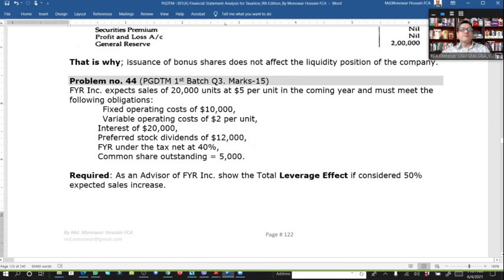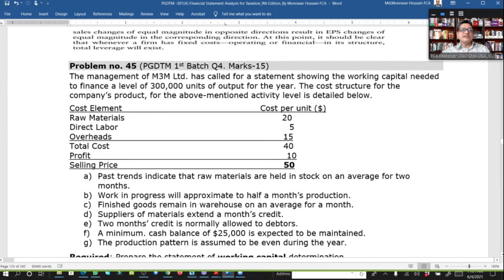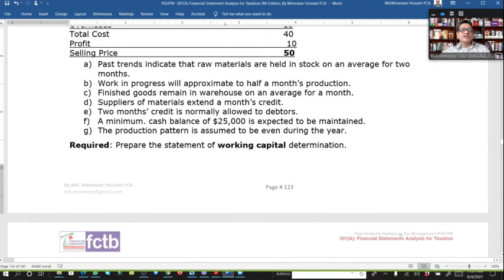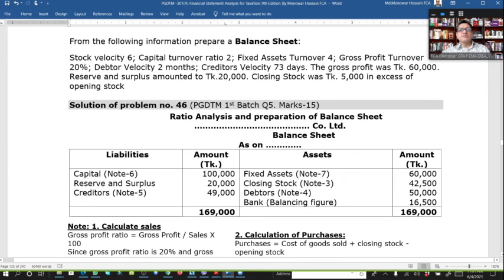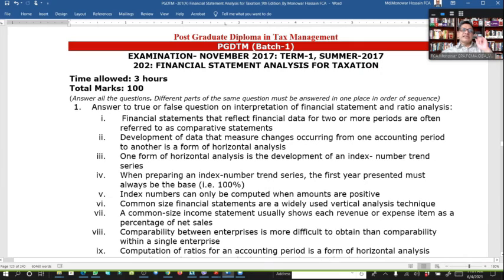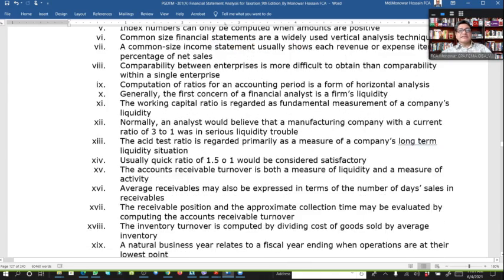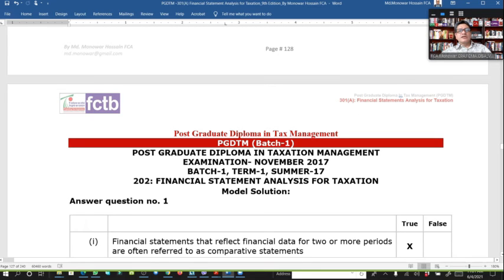And batch 1, question number 3, 15 marks, was the leverage effect, and the calculation is here. And batch 1, question 4, 15 marks, was your working capital calculation, and the answer is here. And also batch 1, question number 5, ratio analysis, the solution is here. Discussed in a different way. Also in batch 1, there was a question, and the solution is also here.